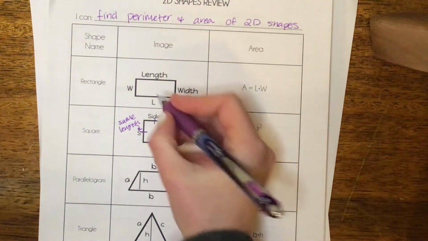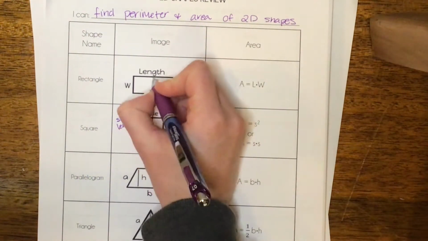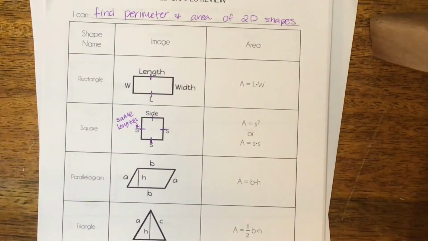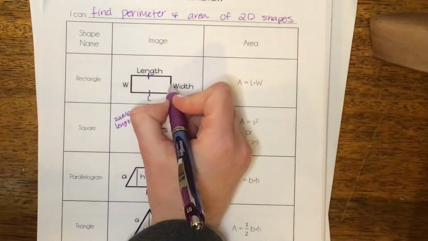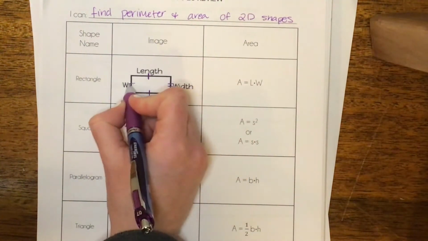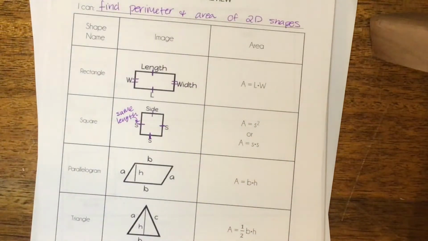On a rectangle, the lengths are going to be the same, and the widths are going to be the same as each other, but different than the lengths. So it would have like 2 tick marks. So if it has the same number of tick marks, it means it's the same length. Just explaining what that means.